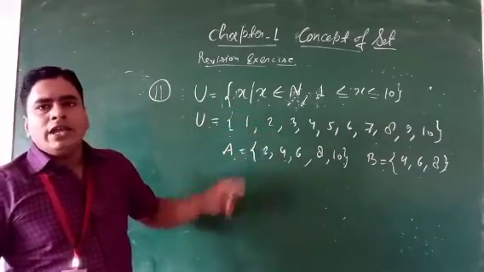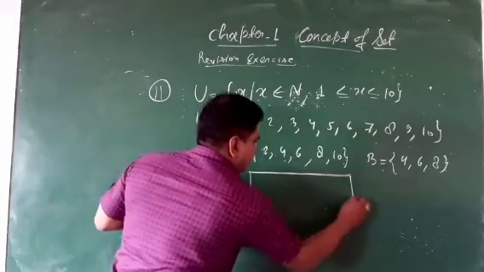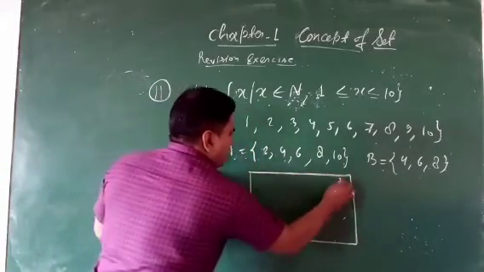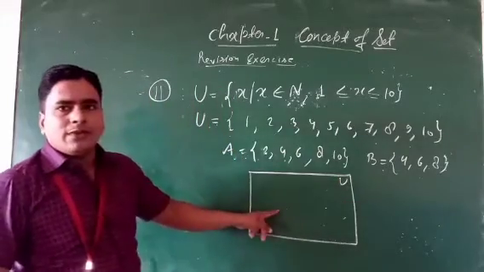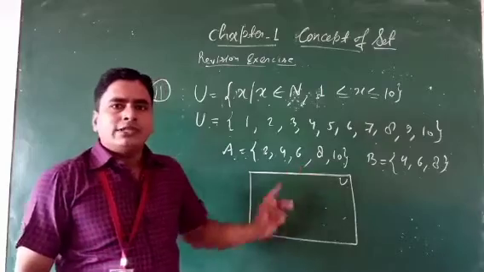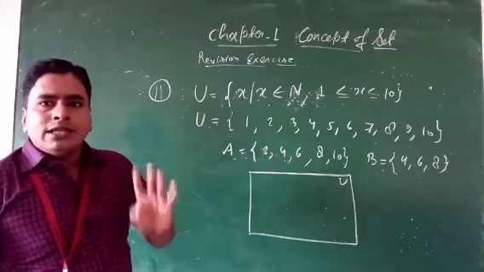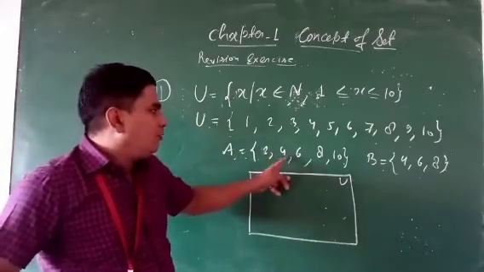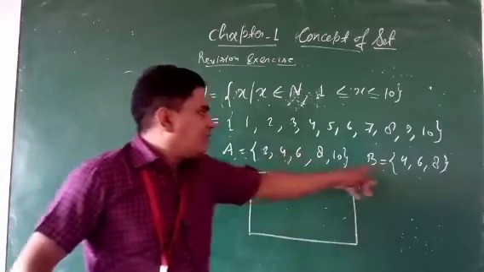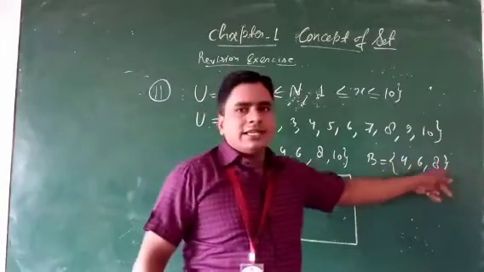आपको इन सबको Venn diagram से represent करना है. So again you will draw a rectangular box for the universal set and circles for both sets A and B. See here, in both sets A and B some elements are common: 4, 6, 8.